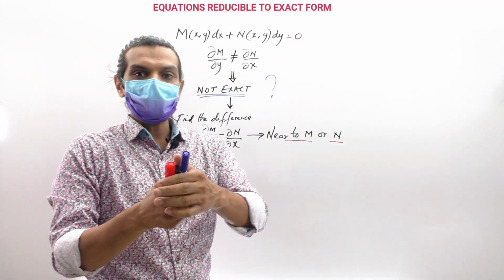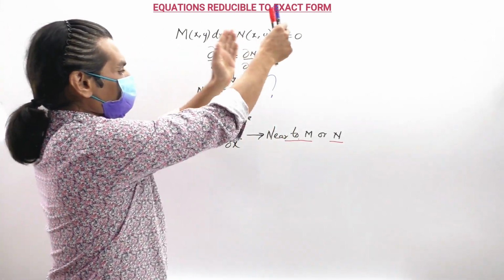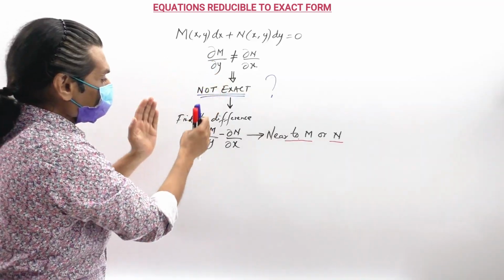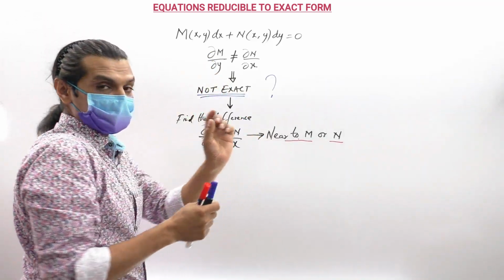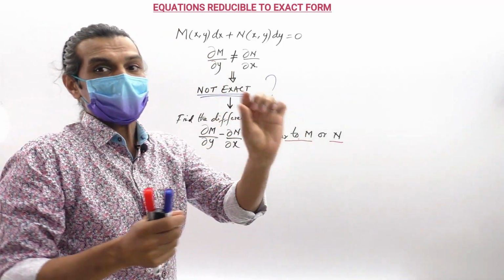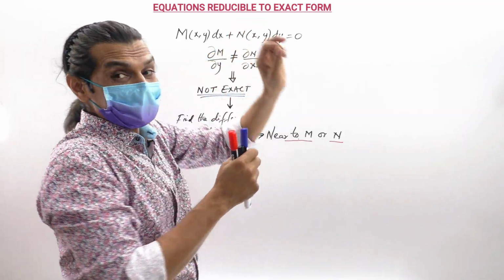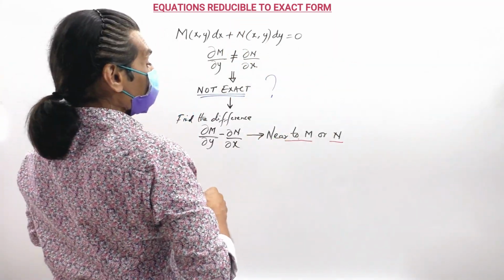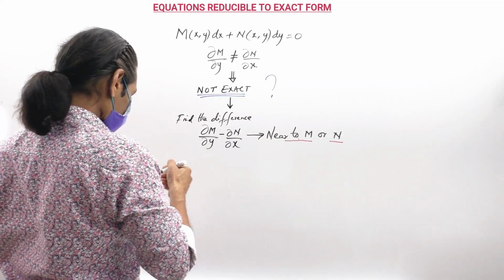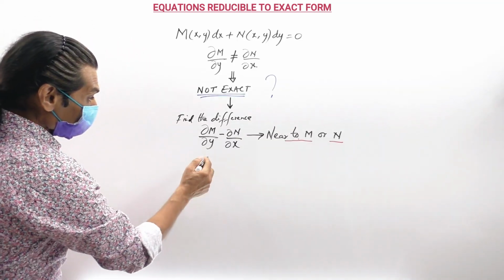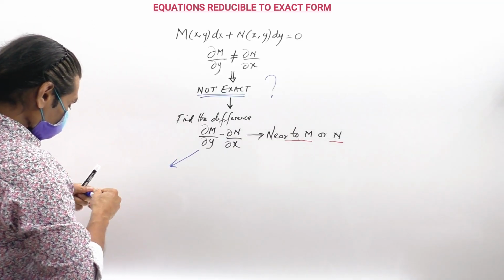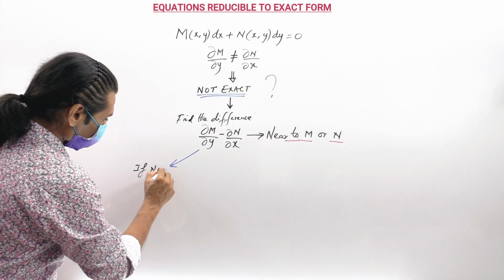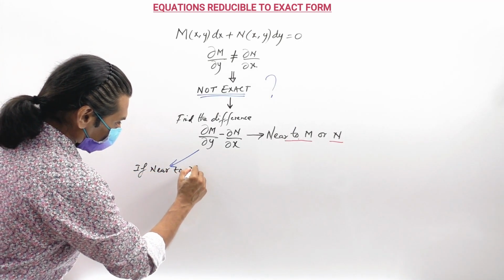That means, given the question M dx plus N dy, when we find the difference dou M by dou y minus dou N by dou x, the value you will get should be identical to the M term or the N term. Getting it? Now if it is near to M or N, then what to do? Say I will take N first.